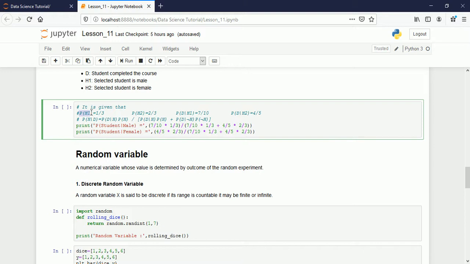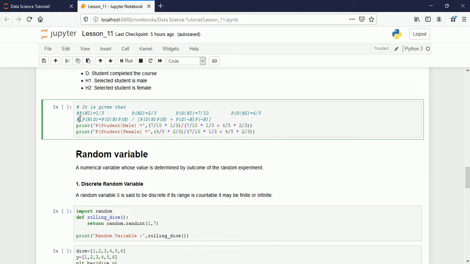Probability of student being male is 1/3. Probability of student being female is 2/3. Probability of a male student completing the course is how much? 7/10, and probability of a female completing the course is this one.